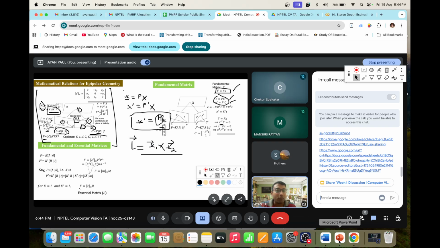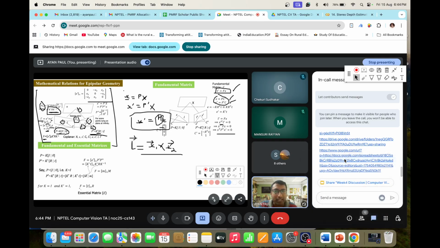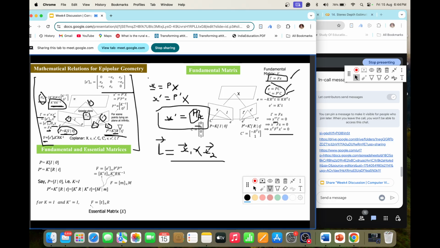Otherwise, if you are not given your projection matrix in the form K dash [R T] or K [I 0], then you can find your H by M dash M inverse.